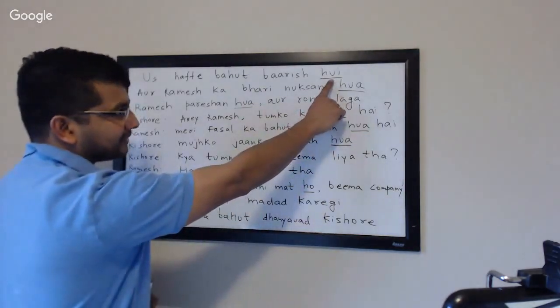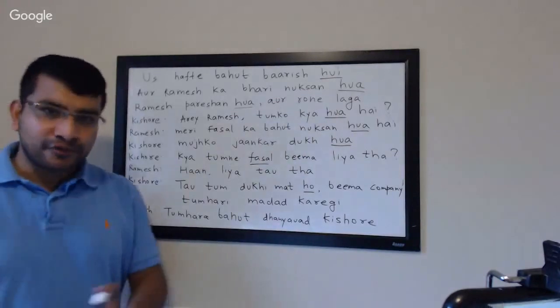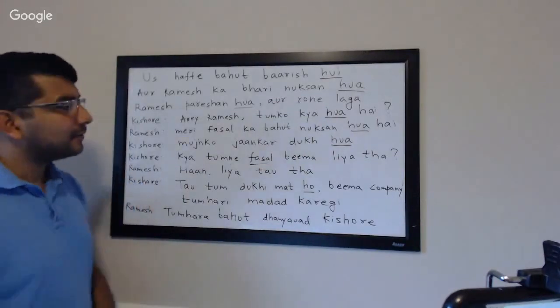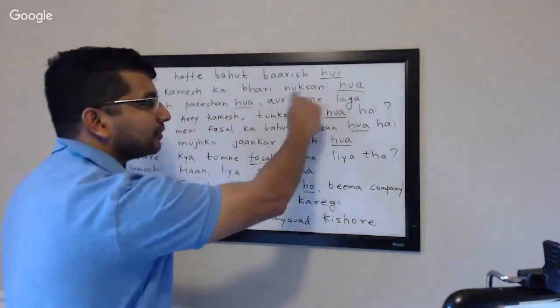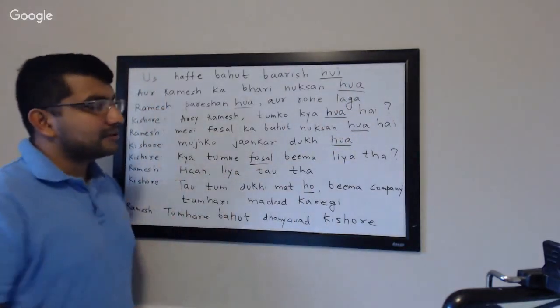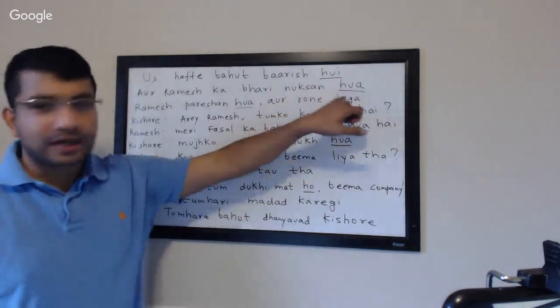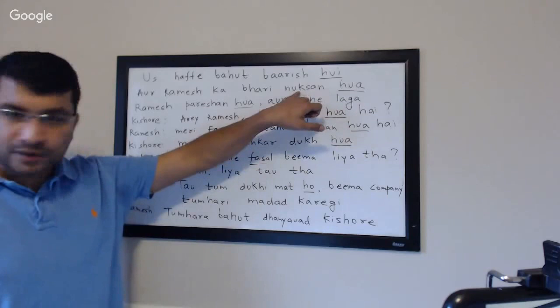You can say the first sentence: hui, barish hui. It comes literally from what we have learned, like it rained. Okay, nuksan hua. Nuksan is loss, right? So losses happen in a way, that's why you're saying nuksan hua. Nuksan is masculine singular.